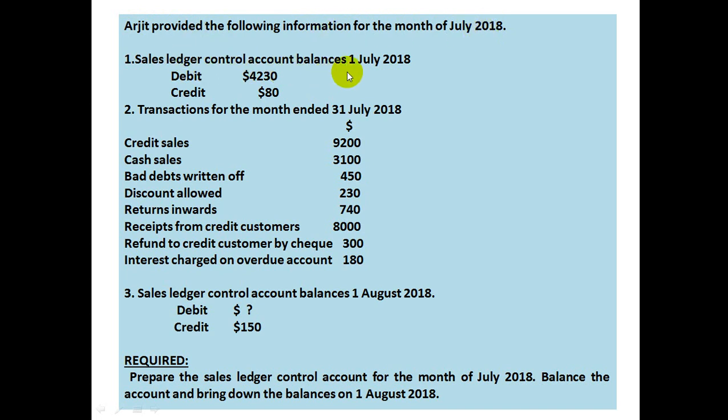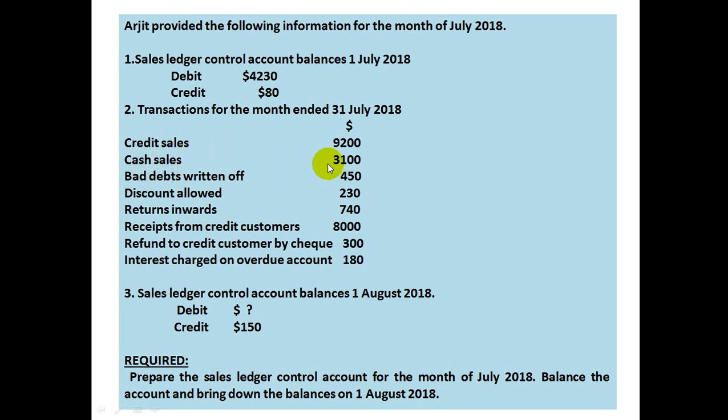Sales ledger control account balances, that is the opening balances, debit and credit, are given. Transactions for the month ended 31 July 2018. Credit sales will be recorded in the sales ledger debit side because this is actually increasing the trade receivable.